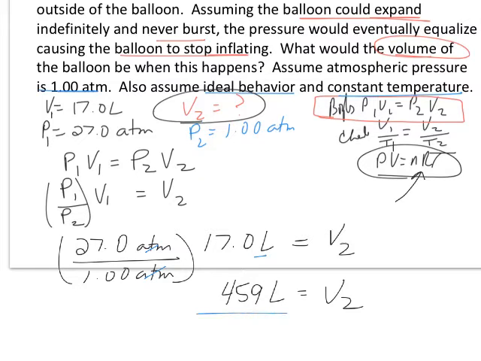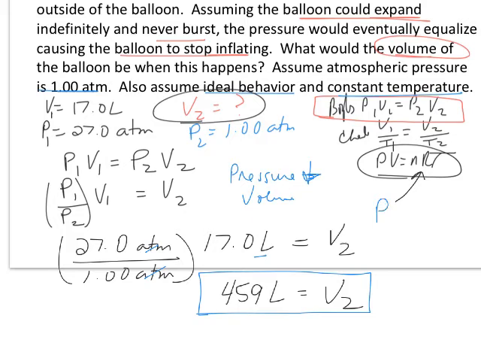Does that make sense? Well, let's think about the relationship. Your pressure is decreasing. So if pressure is decreasing, what happens to the volume? Okay, so the volume should increase.